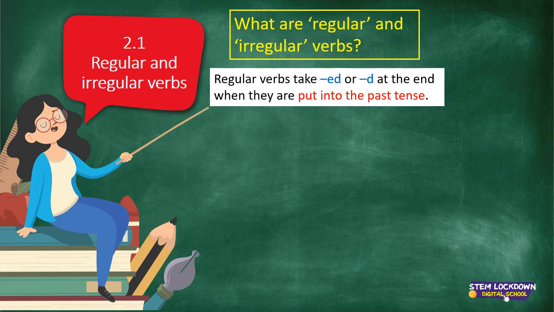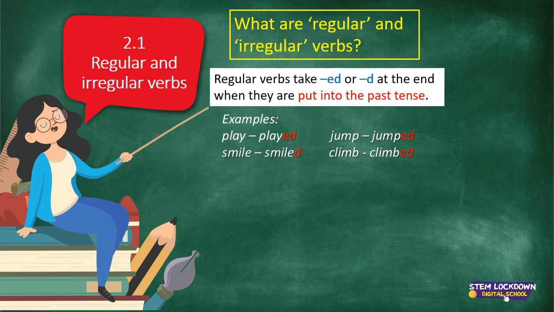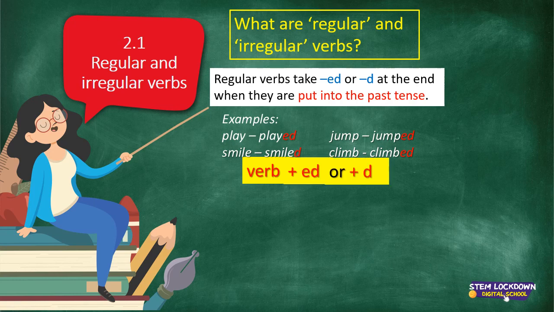So, let's start thinking of some rules. Regular verbs take ed or d at the end when they are put into the past tense. So for example, play, played, adds ed. Smile, smiled. Smile already ends with an e, so you just add a d. Jump, jumped. Climb, climbed. The rule is, for a regular verb, you have the verb plus ed, or d if it already ends in an e.